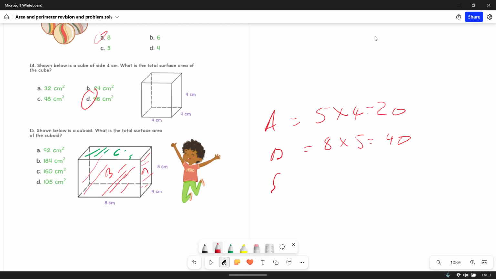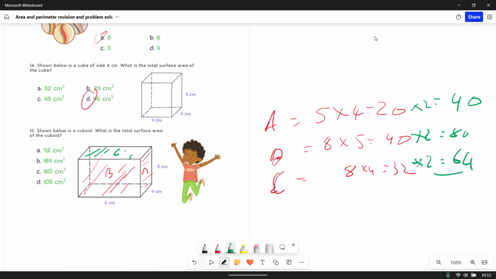And C is 8 times 4, 32. And then you've got to times each one by 2, because there are 2 of each. This is 40. This is 80. 64. And then you add all these 3 together. 40, add 80, add 64. 184. So the answer is 15B.